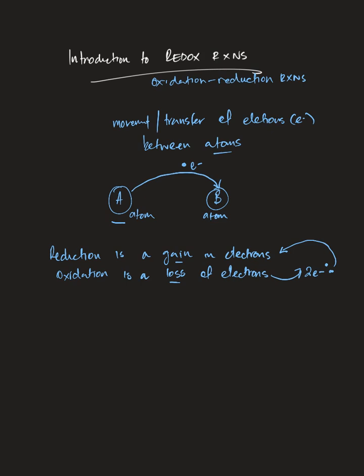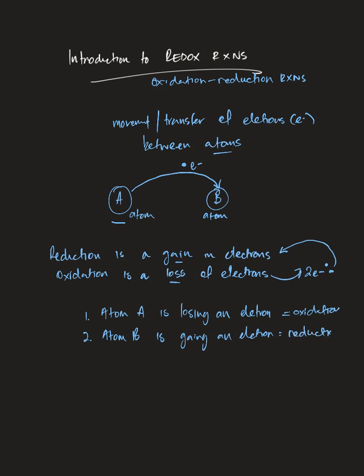If it lost 7 electrons, and so on and so on, it must make sense. So in this situation that I have here, atom A is losing an electron. So I can say that oxidation is taking place at atom A. And atom B is gaining an electron. So the process that's happening there is reduction.